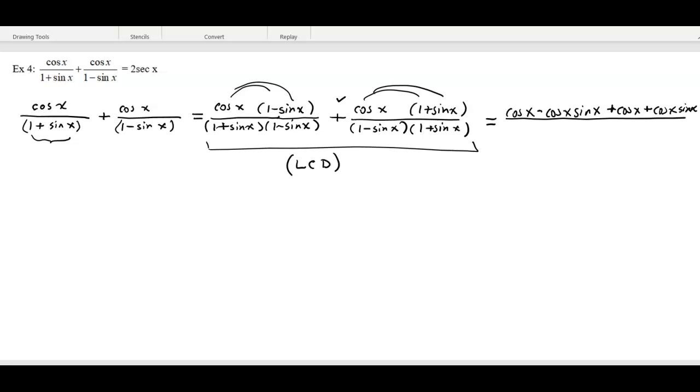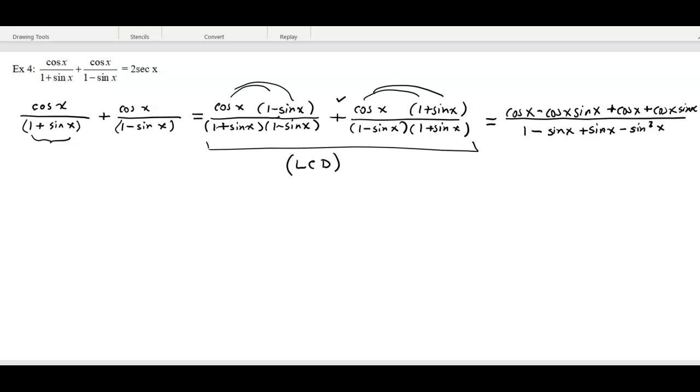In the denominator, I have 1 minus sine of x plus sine of x minus sine squared of x.